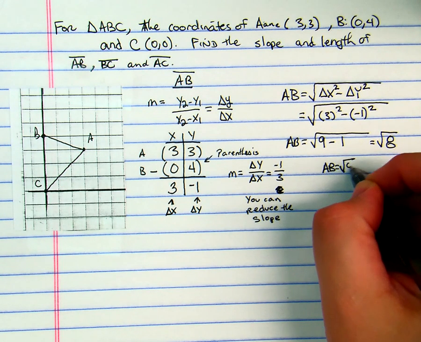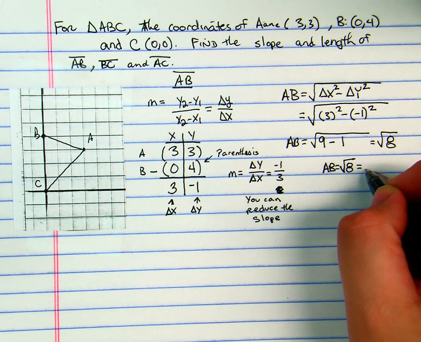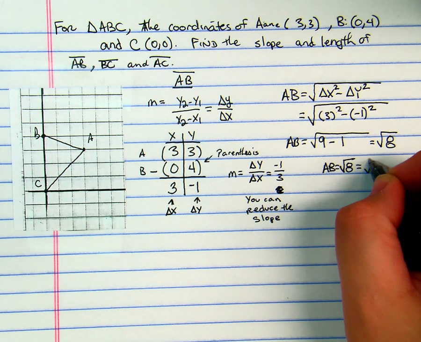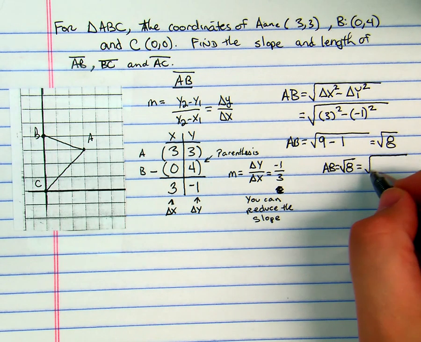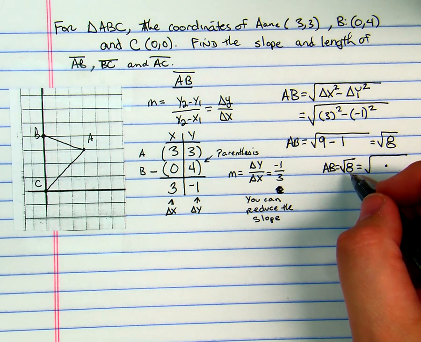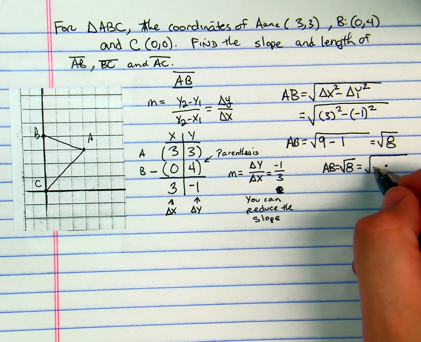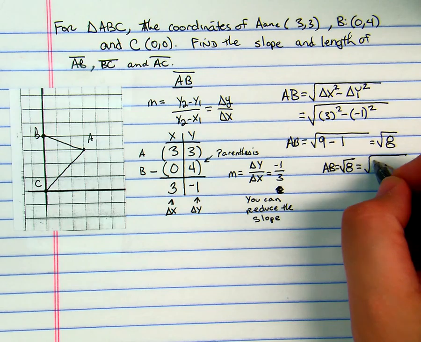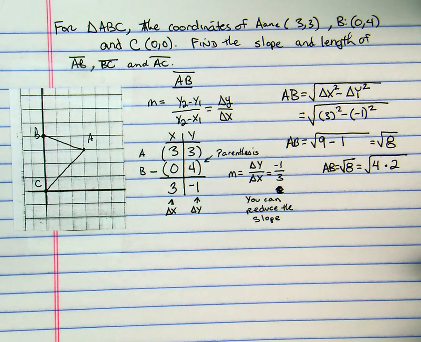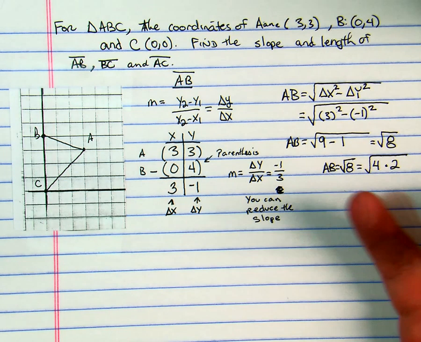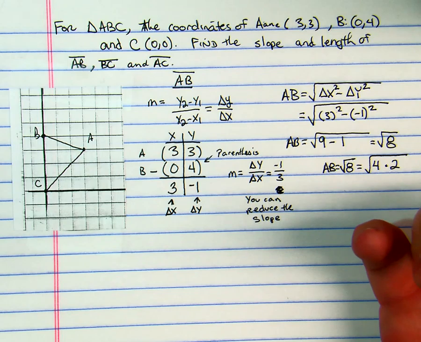And if you want to simplify this, can I turn this into a product where one of the factors is a perfect square? Can you just leave it at 8? 4 times 2. Well, sometimes you'll be asked to simplify your final answer.